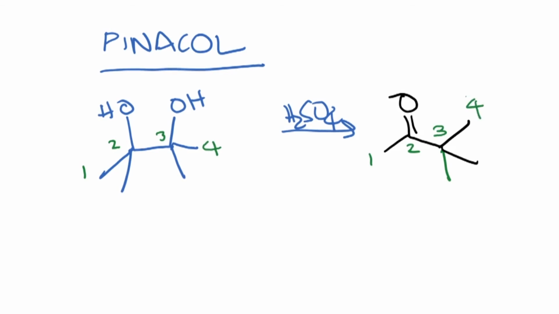Okay, so carbon 3, which had 2 methyl groups on it, now has 3 methyl groups, and carbon 2, which had an oxygen, now has a carbonyl group. So this product is called pinacolone. Okay, so sometimes this rearrangement is actually called the pinacol-pinacolone rearrangement. Now let's try and understand the mechanism. Let's again stick to the basics.